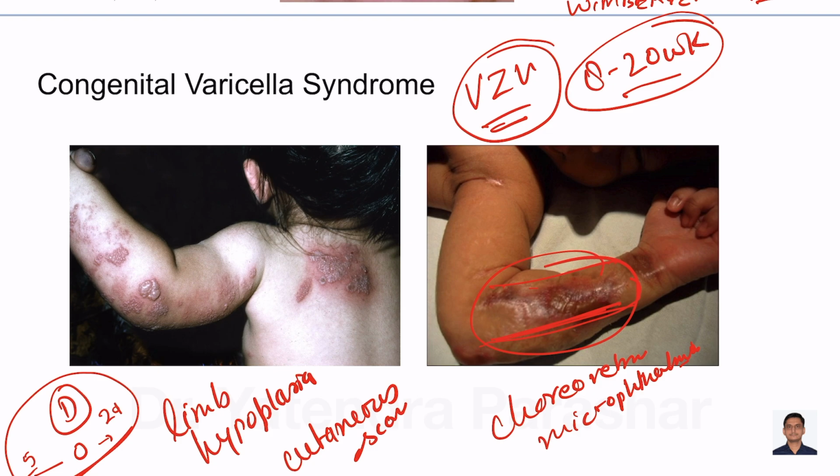Prevention can be done with the VZV vaccination before pregnancy, or give immunoglobulins for exposed pregnant women or newborns at risk.